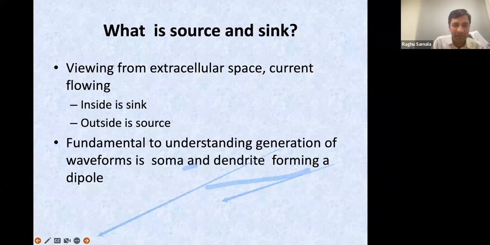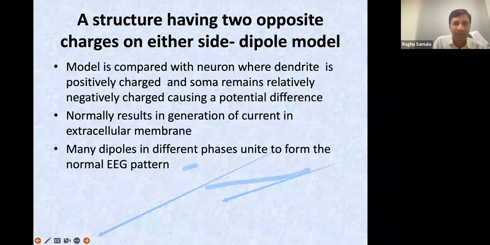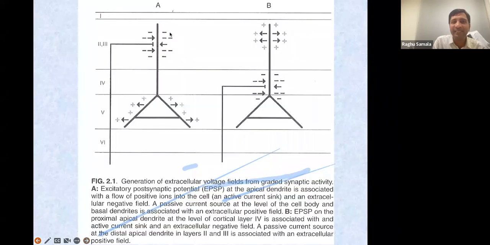If you see this diagram, inside is a sink. Like I told you, this is an excitatory potential here. All positivities will go inside. So this is called the sink. This is called the source. Extracellular one is called the source. Inside is called the sink.